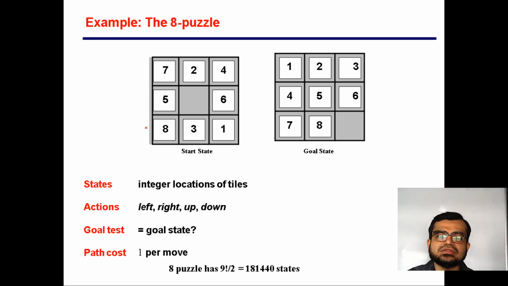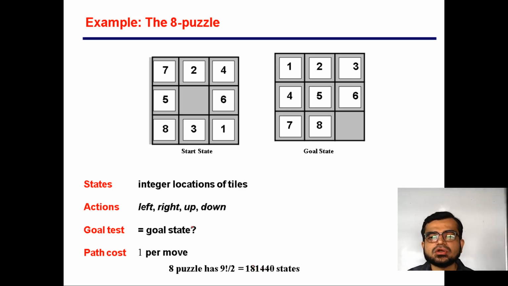As I said, there are 9 positions, and the maximum number of states you can have in the 8 puzzle problem is 9 factorial by 2. That means 181,440 states, the maximum number of states you may have.